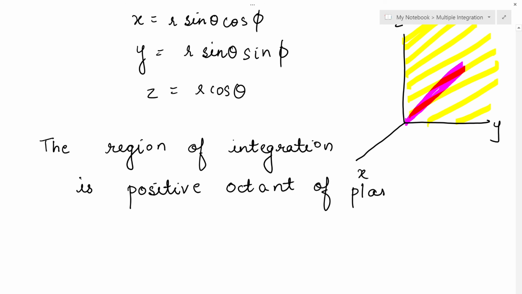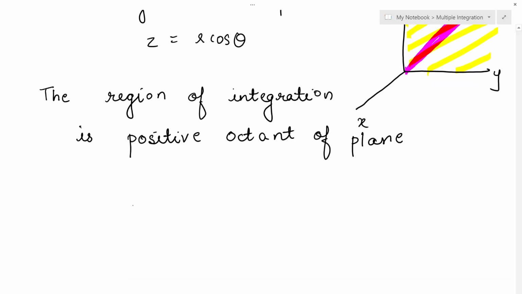And you know that for the positive octant, the limits are, for r, 0 to infinity, for theta, 0 to pi by 2, and for phi, 0 to pi by 2.